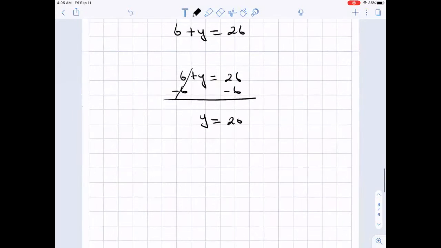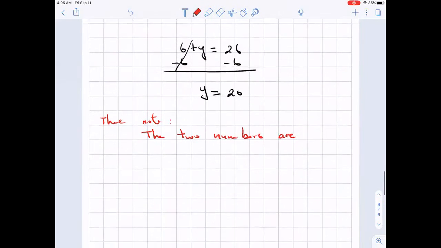So finally, the note here. The two numbers are 6 and 20.